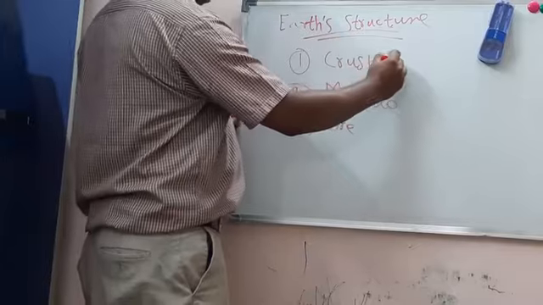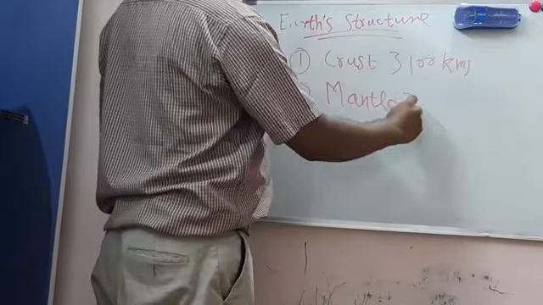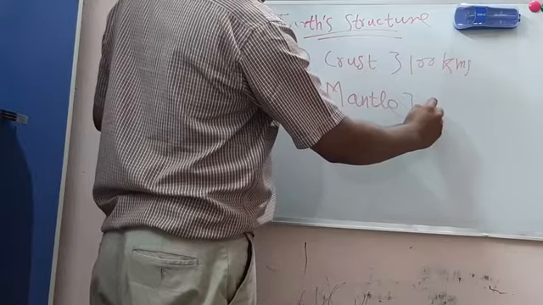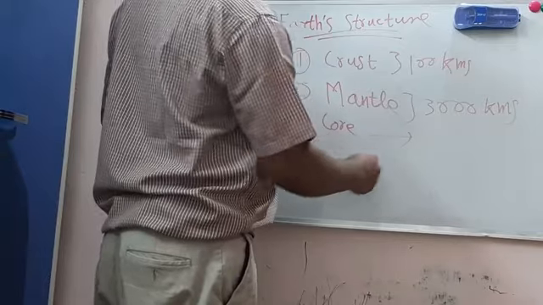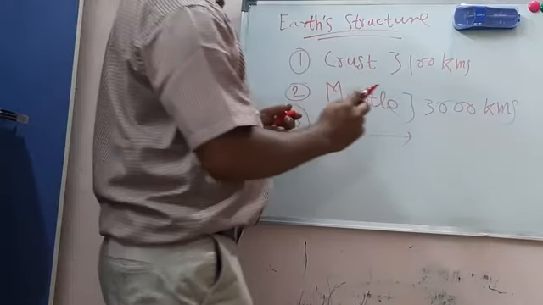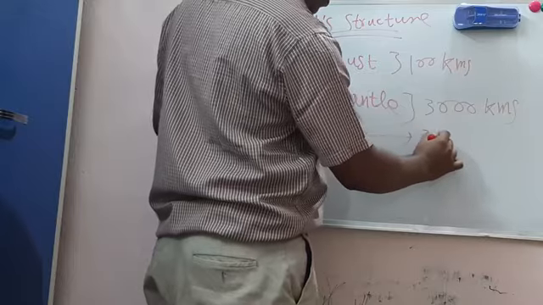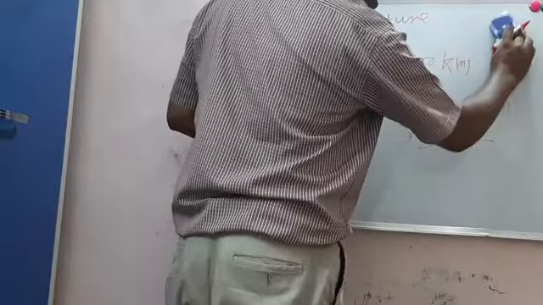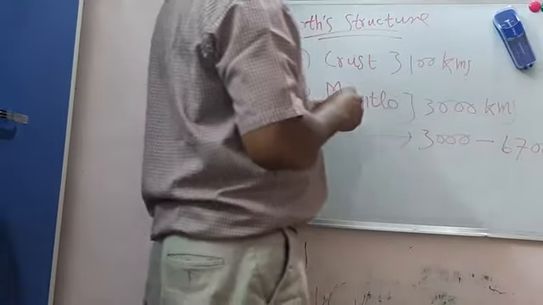The depth of the crust is approximately 100 kilometers, in the case of the mantle it is up to 3000 kilometers, and the depth of the core ranges from 3000 to 6700 kilometers.